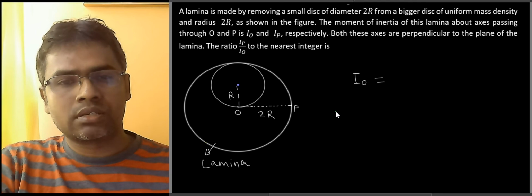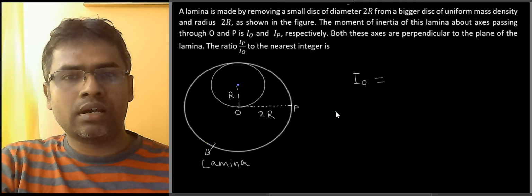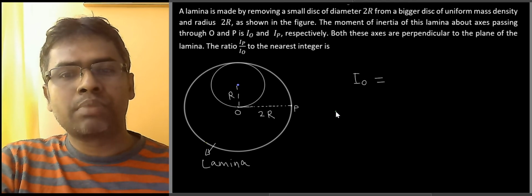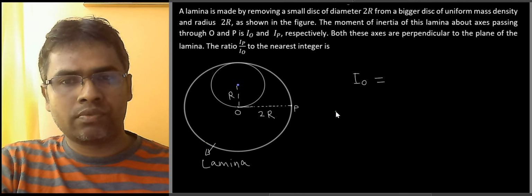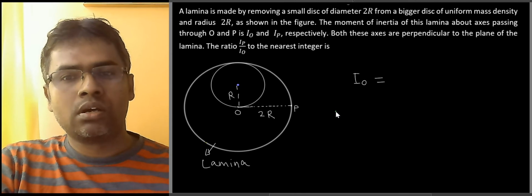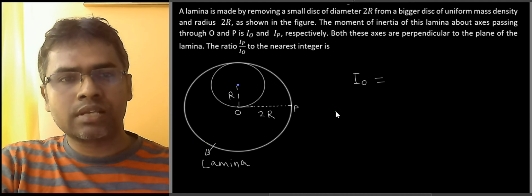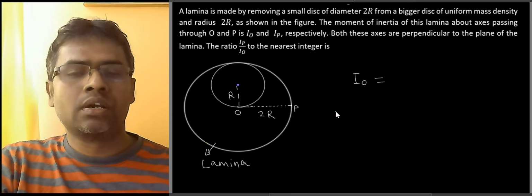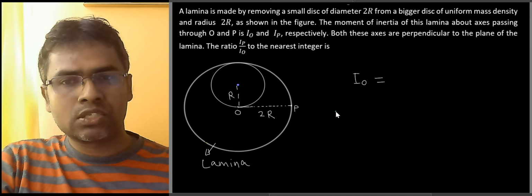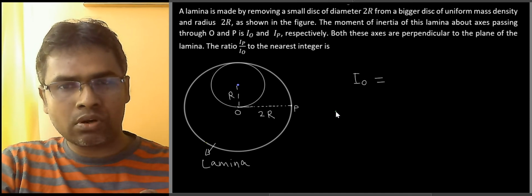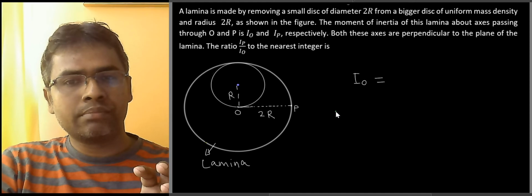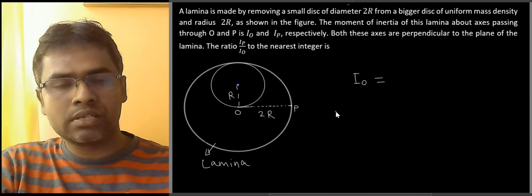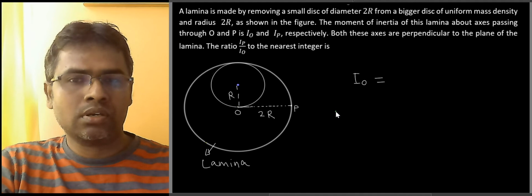This small disk of radius r having negative mass is placed exactly over the same spot where we want to have a hole. The bigger disk has the entire mass, which is considered positive. When you place the smaller disk over that spot, the negative mass destroys the positive mass and we end up with a hole.